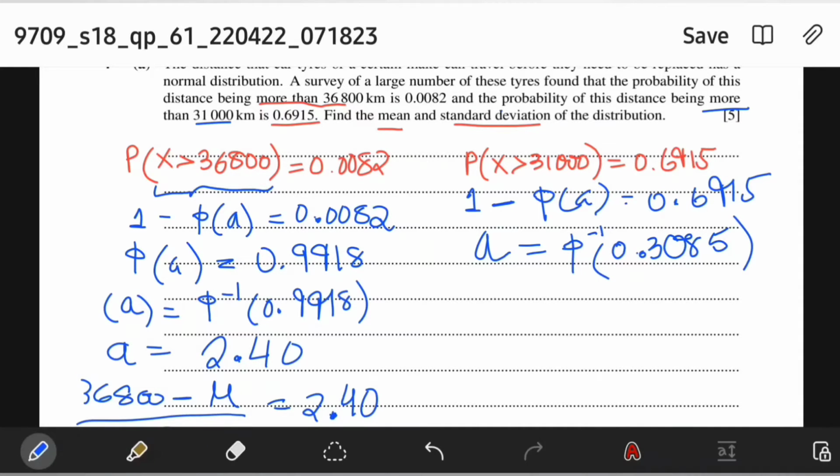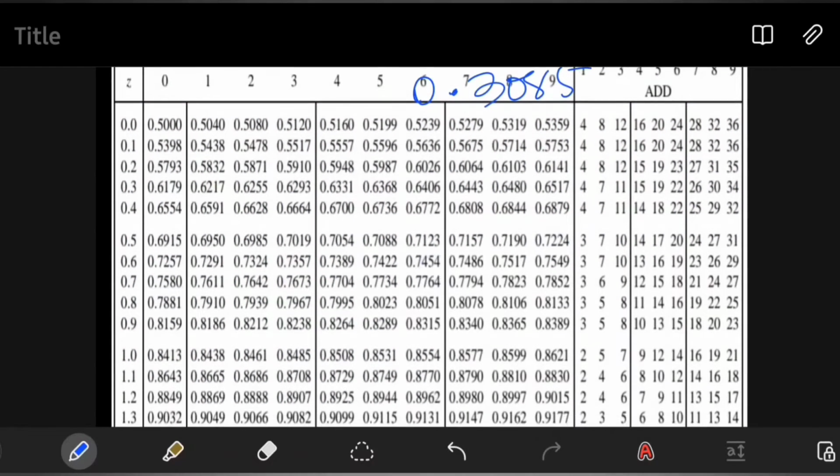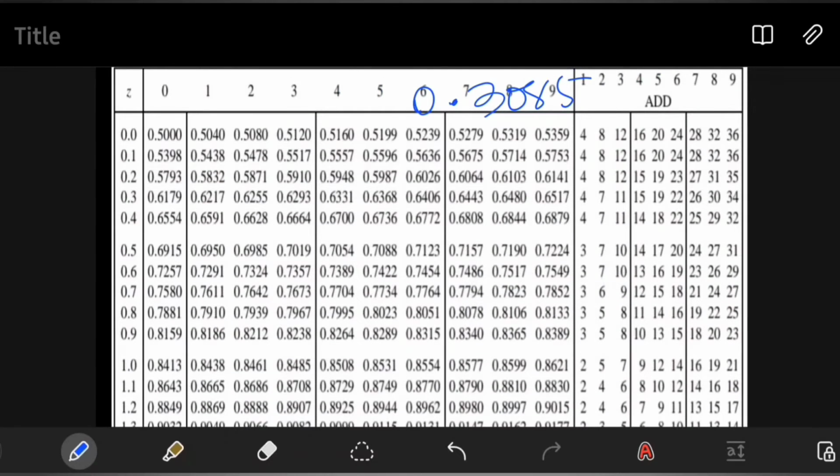Now let's move to the table. Now we have to look for the value of 0.3085. So let's see if there's any. Actually, as you can see, this table is starting from 0.5. That means this value is too small to be in this table.